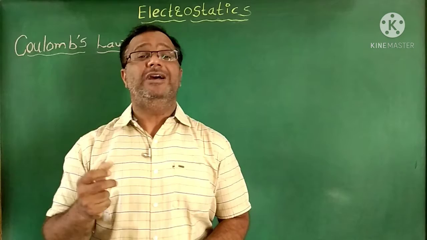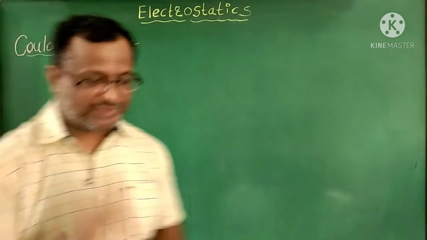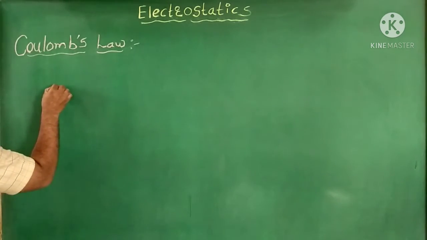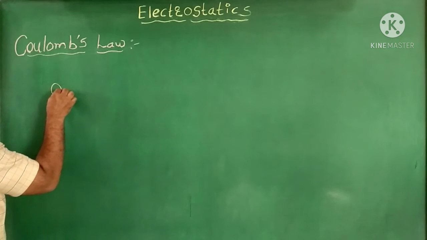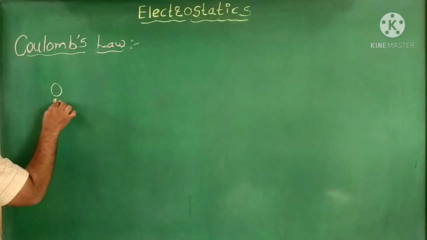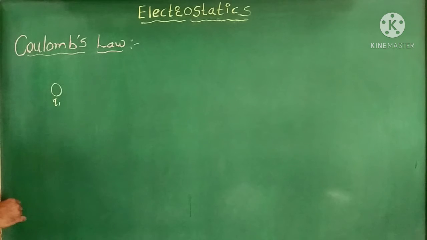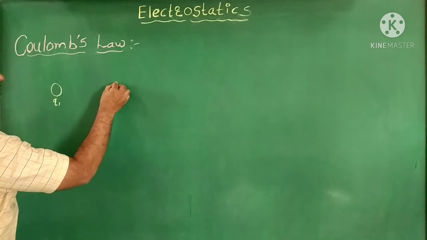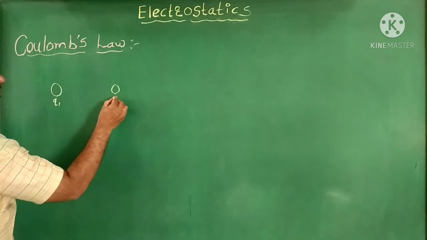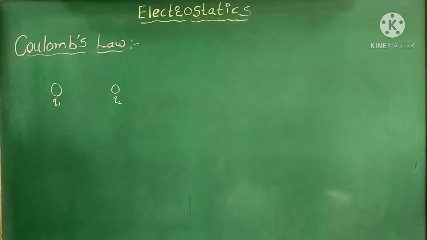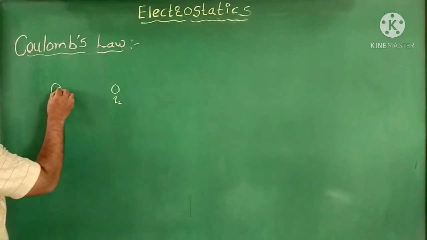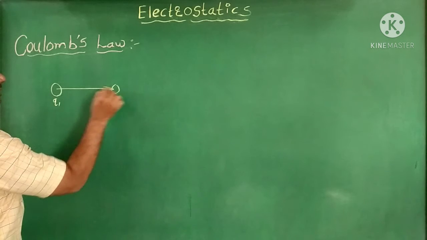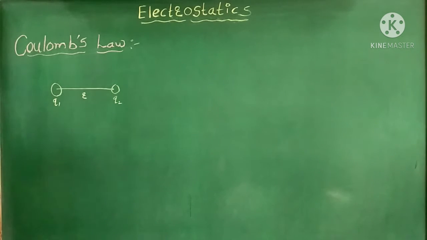Now we want to see the mathematical statement. See here, if we consider this will be the first point electrical charge, and this will be the second point electrical charge, and both the charges are placed at a distance small r.